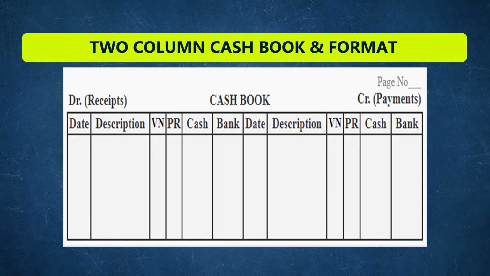When we make the payment with the help of the check, then our bank balance will be reduced, and if we receive the check from our customer, that will enhance the bank balance of our business. Therefore, when the transactions are taking place with the help of the checks, it is mandatory to introduce the bank column in the debit side as well as in the credit side.